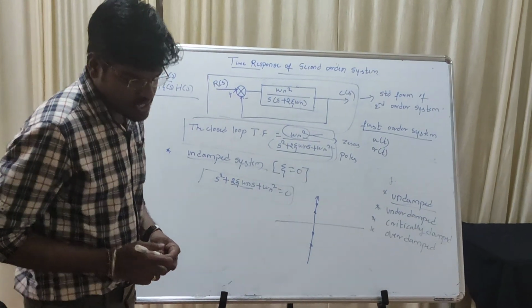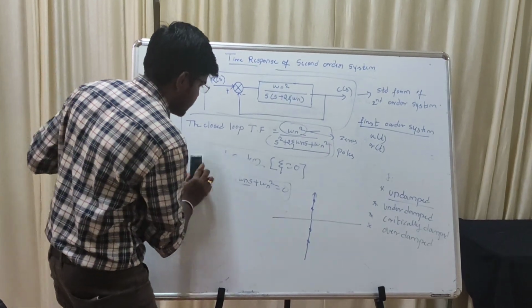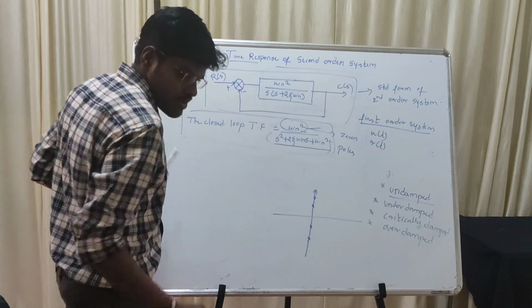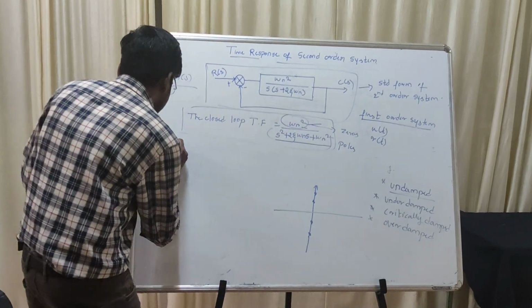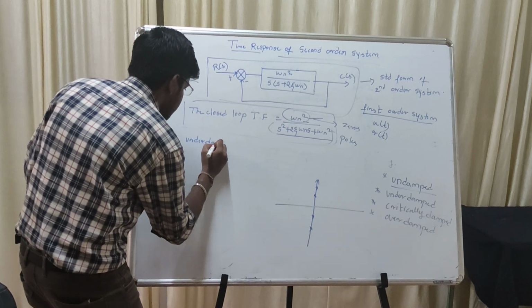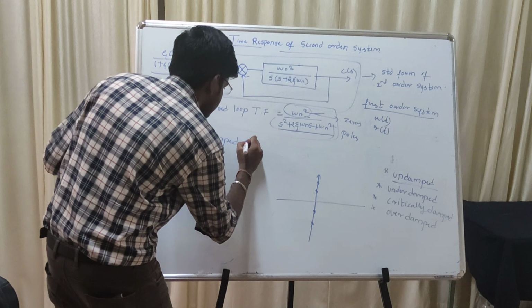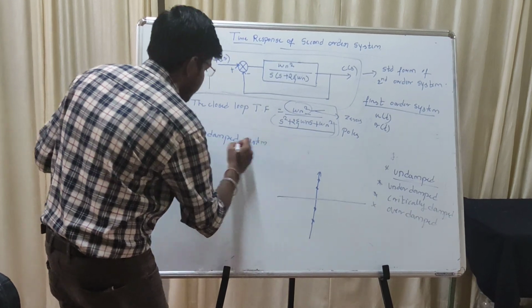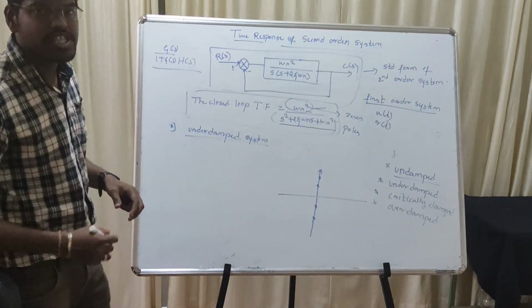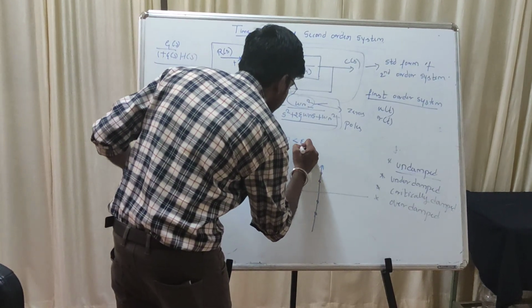Next, the second one, the underdamped system. Most systems are designed to be underdamped, where zeta is less than 1. For an underdamped system, the value of zeta lies between 0 and 1, that is, 0 less than zeta less than 1.